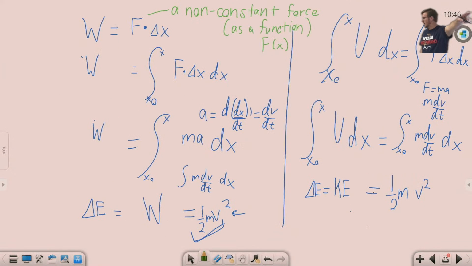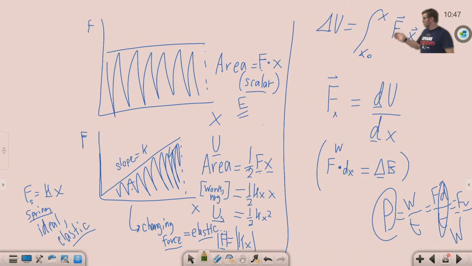Since work is force dot x, what if we had a force that was not constant? Okay. How can we determine the work of that? We would integrate that function, the function of a non-constant force. But hold on, before we understand the non-constant force and integrating that non-constant force, let's look at it as if it was a constant force. If we were to plot the graph of a force applied as you push to a certain x distance, you could get a line of force versus x right here.